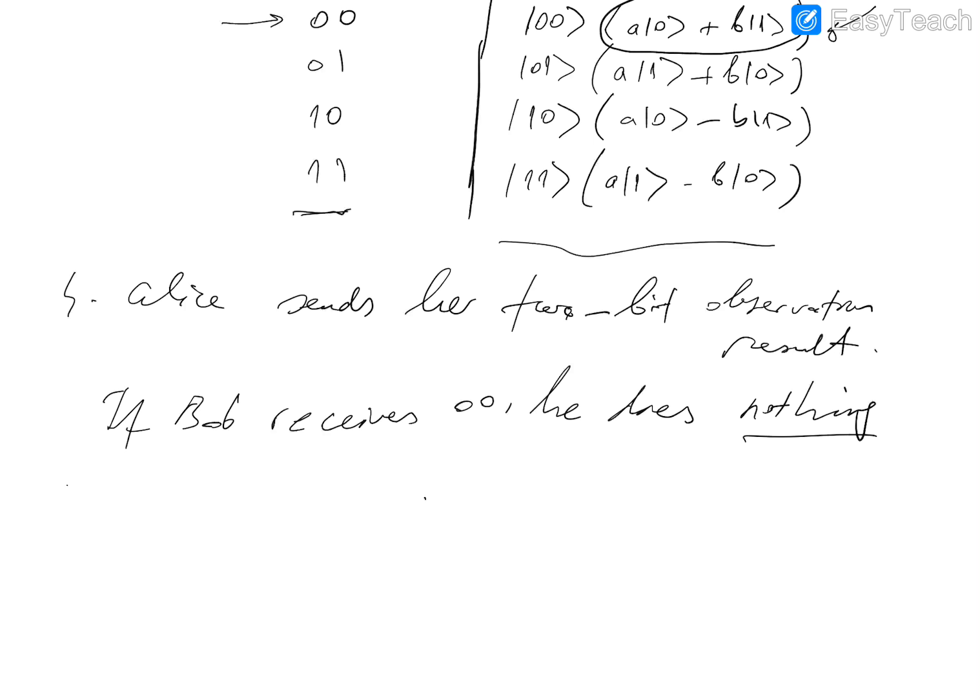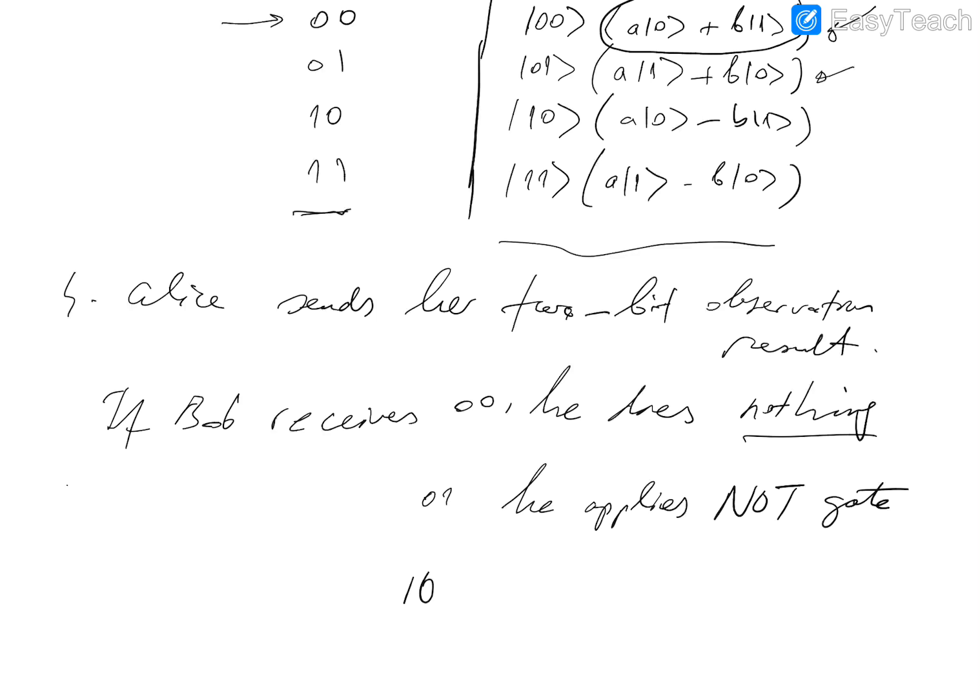If Bob receives 0, 1, then Bob is in state a1 plus b0. And how do we obtain a0 plus b1 from Bob's state? Well, all Bob has to do is to perform the NOT gate, right? He applies the NOT gate. If we apply the NOT gate on a1 plus b0, then the outcome will be a0 plus b1. So again, in this case, we obtain Alice's original qubit.